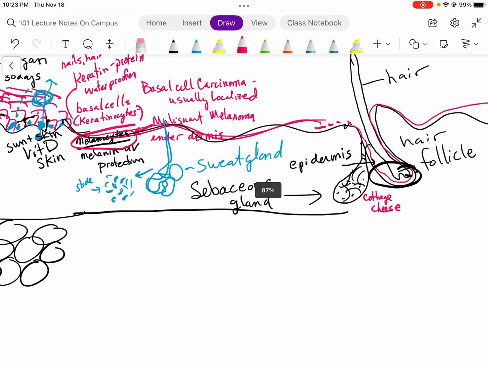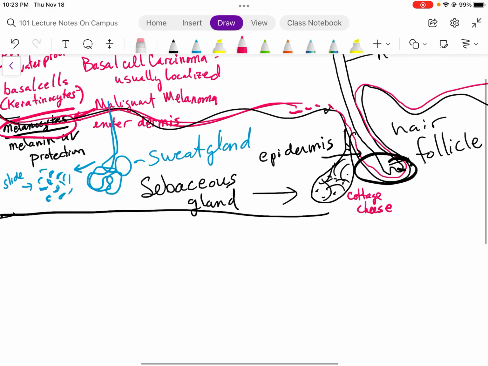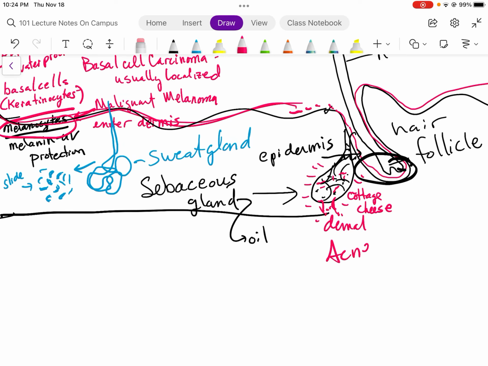All right, now, what are they? Sebaceous glands, they secrete oil, right? And for moisturizing the hair, and sometimes they get infected, and if they get infected, we get a sort of bacterial invasion that comes in there. And if it ruptures inside, then the bacteria actually get into the dermal area, right? And then you have a full-on immune response, and we call this acne, right?